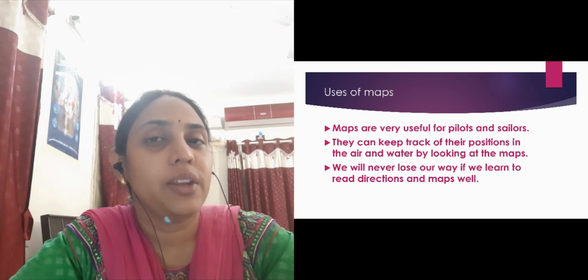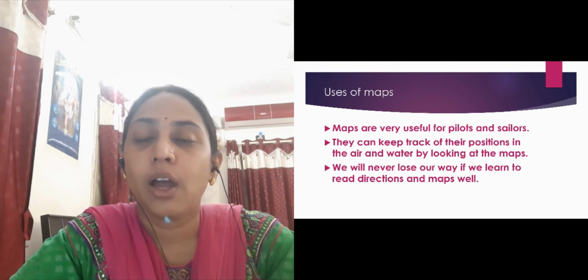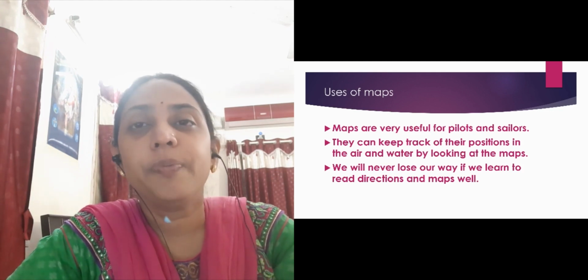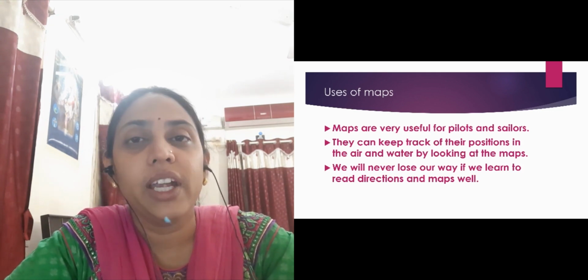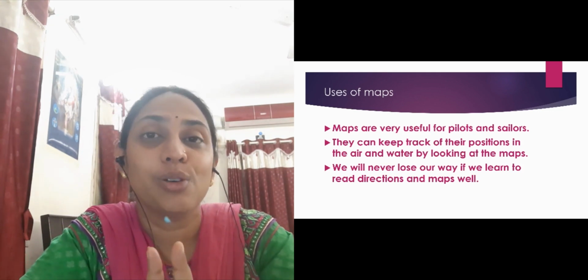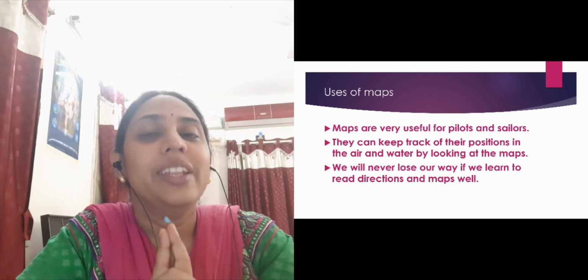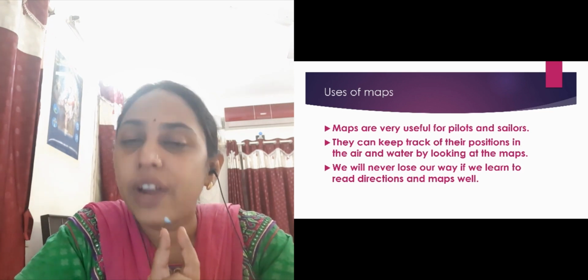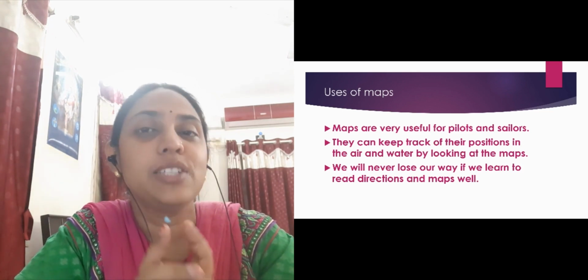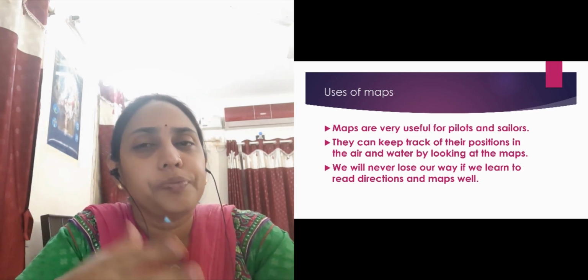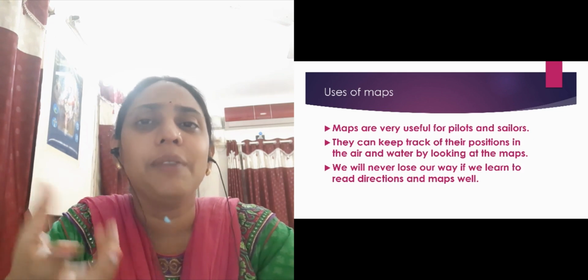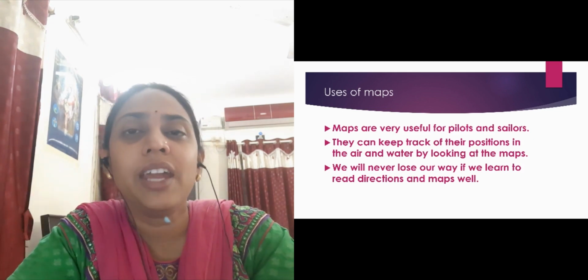Earlier maps were very important, but nowadays this GPRS system, that is through satellite communication, makes it very easy to find that place. But even then, in this GPRS system, you will find the maps, the legends, and the landmarks of that particular place. So GPRS is nothing but digitalized mapping, right beta?